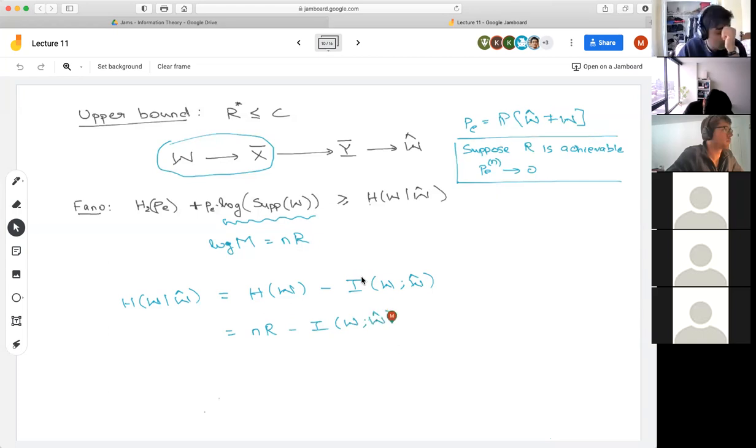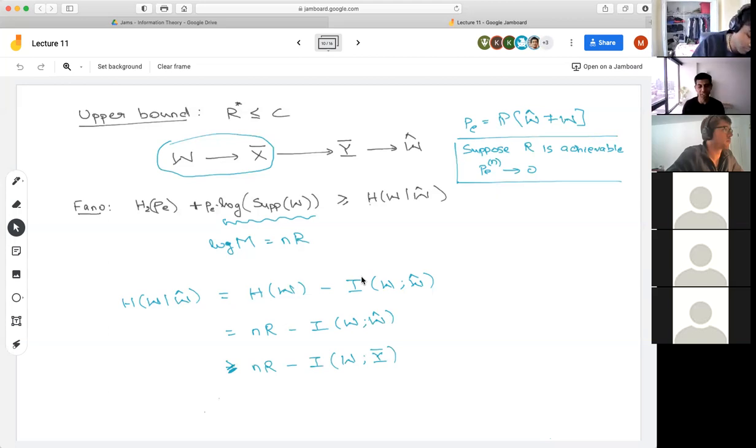minus the mutual information. And now I claim that this is greater than or equal to nR minus the mutual information between W and Y bar. Why is that? Data processing.